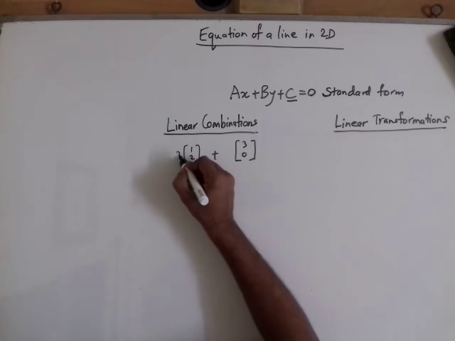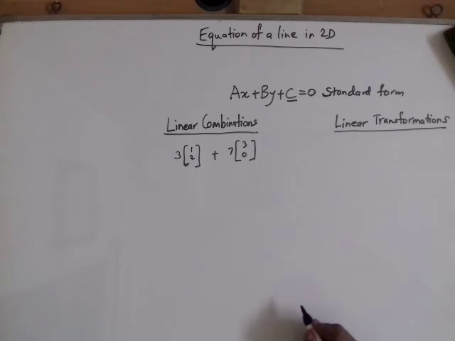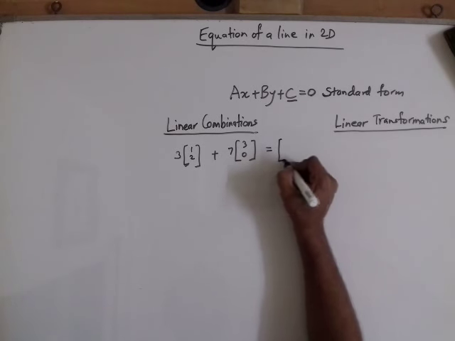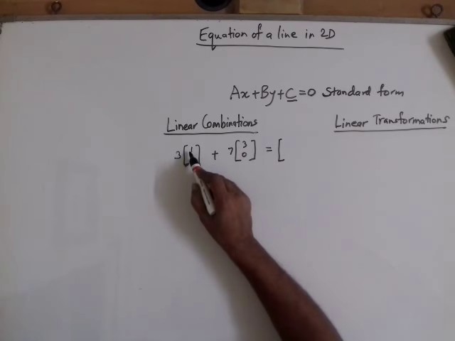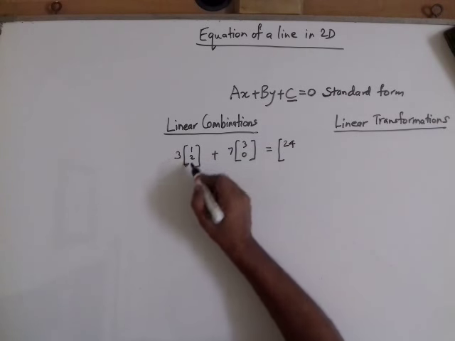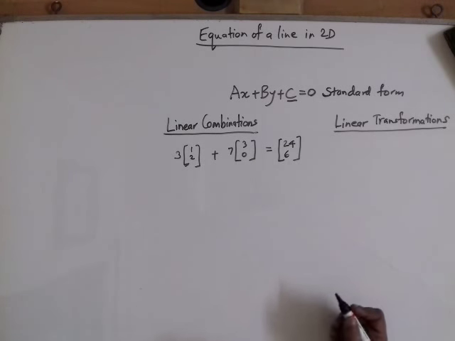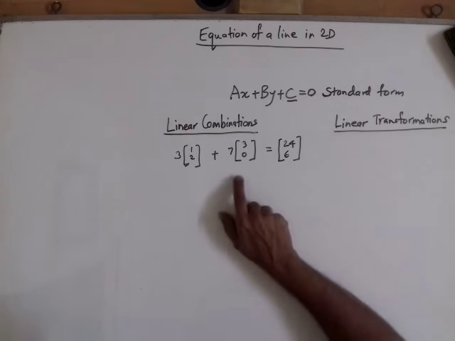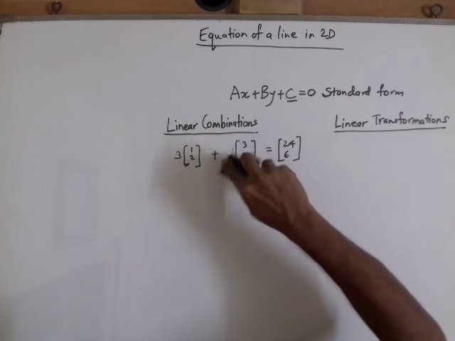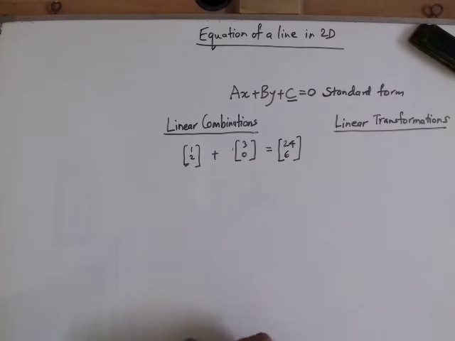So I'm going to scale this vector with some scalar, and I'm going to scale the other with some scalar, and this goes on to become a vector, correct? Quickly, 3 plus 21 is 24, I don't really need to do this, but 6 plus 0 is 6. So that's a linear combination. And we know that given two vectors, we can have multiple linear combinations, correct?